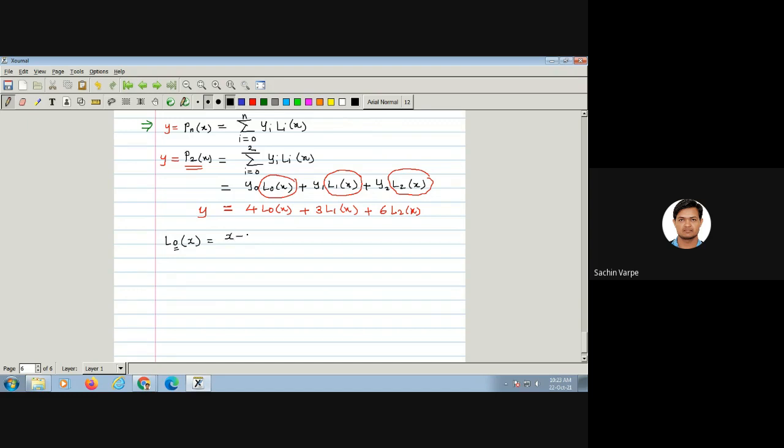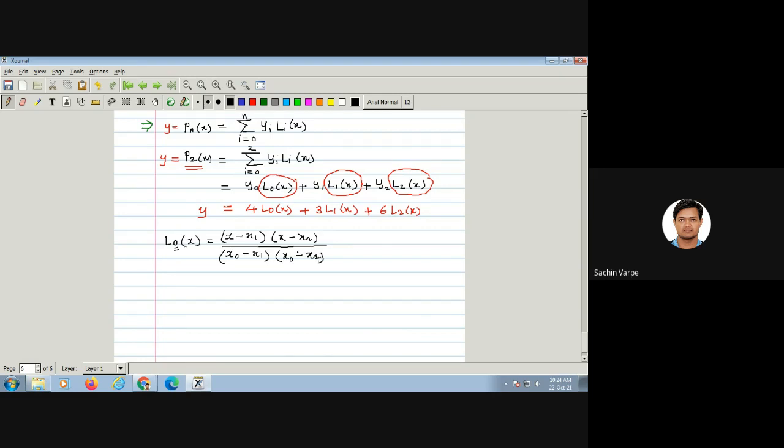We start from x minus x1, x minus x2, and so on, because we have only the points up to x2. Upon, we replace x by x naught. So x naught minus x1 and x naught minus x2.